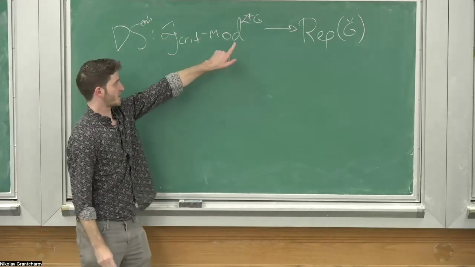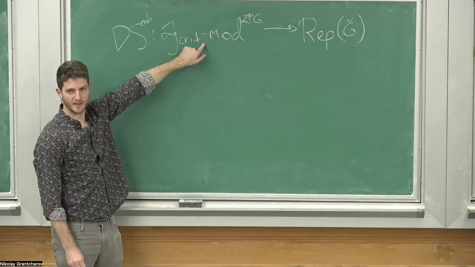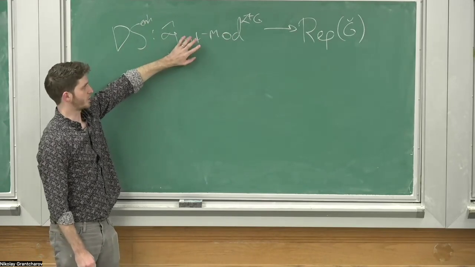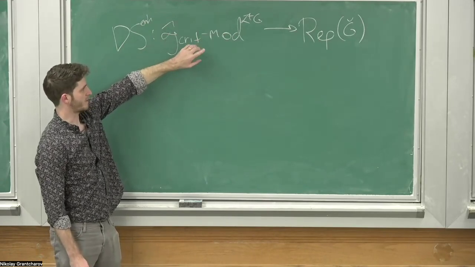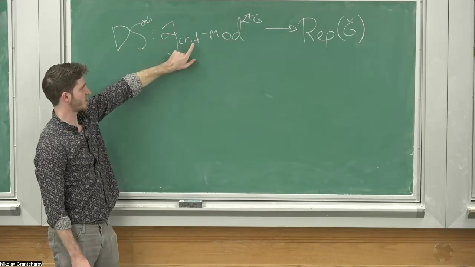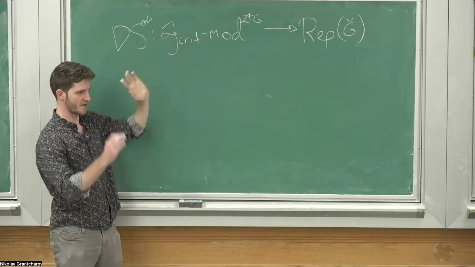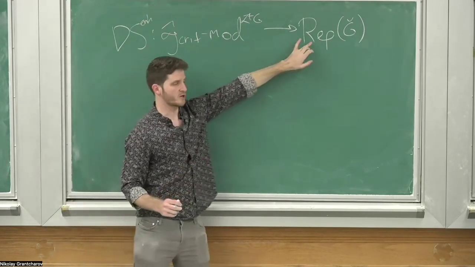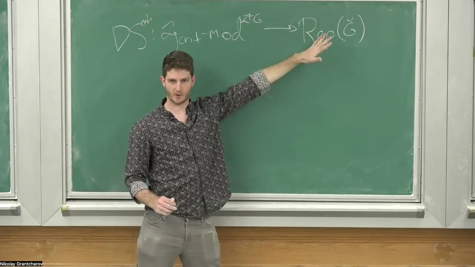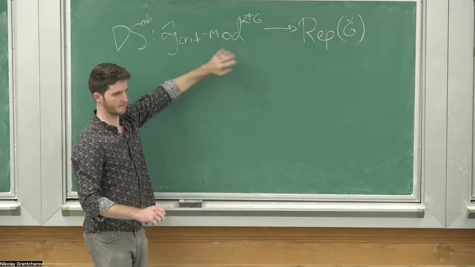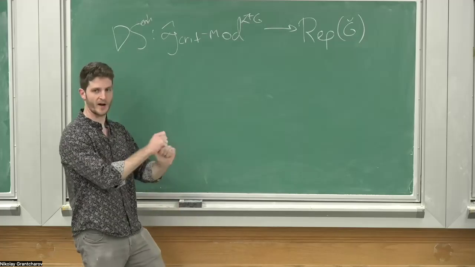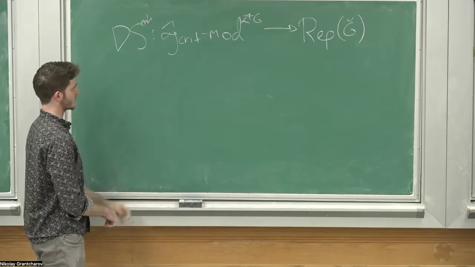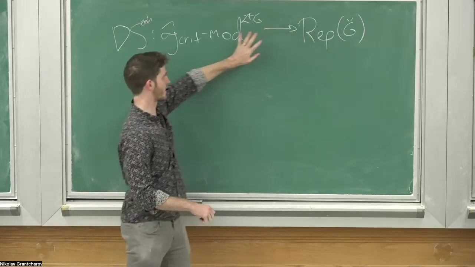Well, it's just because Rep G check acts here, basically, right? So basically, I can act by a G-check representation on an object of the Kazhdan-Lusztig category and then apply Drinfeld-Sokolov. That gives me a pairing between these two categories. And then I use the fact that this category is self-dual to move it to the right side. So you could write some formula for this in terms of Hom or something, but it follows very formally from the fact that this is self-dual and it acts.